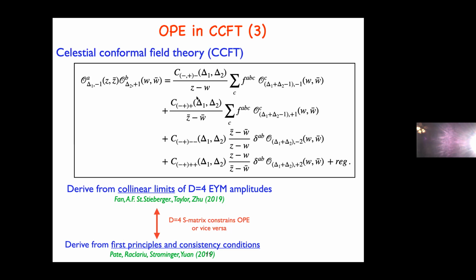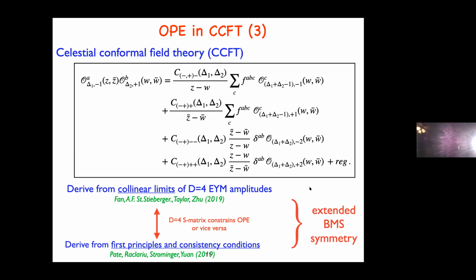So it seems that we have a nice picture that tells you that you can start from collinear limits of Einstein-Yang-Mills and get OPEs of the celestial CFT, or you might be able to start from OPEs of the celestial CFT and from first principles and consistency conditions get the structure constants, which of course should correspond to the collinear limits in the four-dimensional Einstein-Yang-Mills theory.